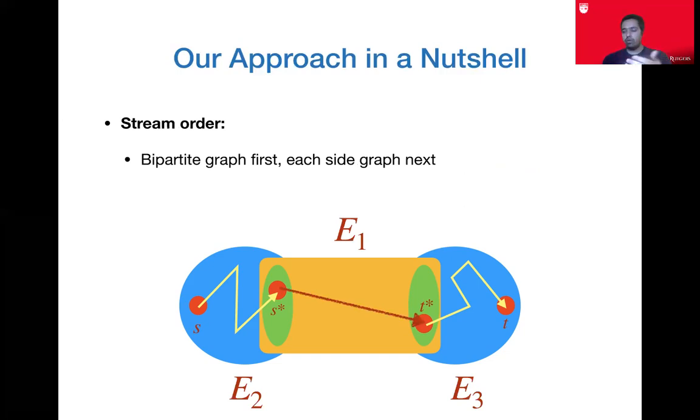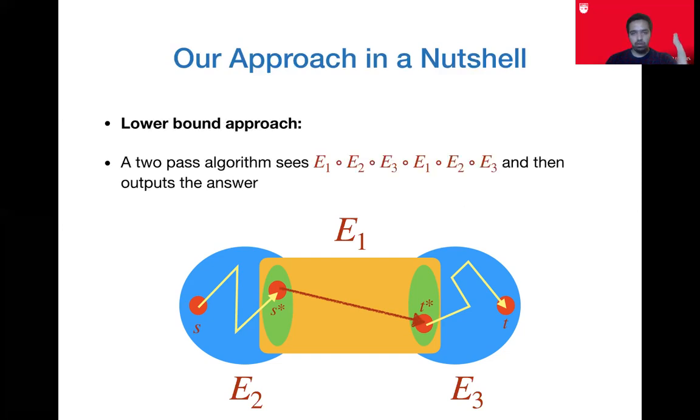So now let me show you why solving such a problem, ST reachability over these graphs, is hard in streaming. Let's say that the edges of the graph appear as follows: first the edges of the bipartite graph, then the edges on the left, then the edges on the right. So then the streaming algorithm can just make one total pass over this long sequence of edges.